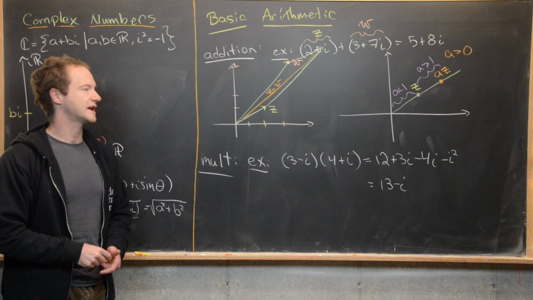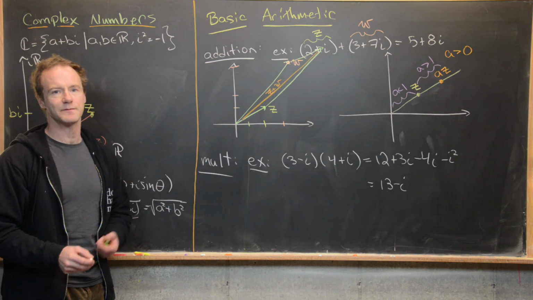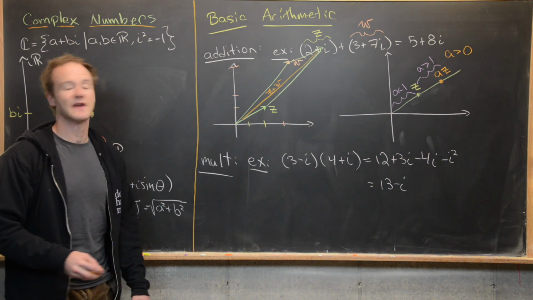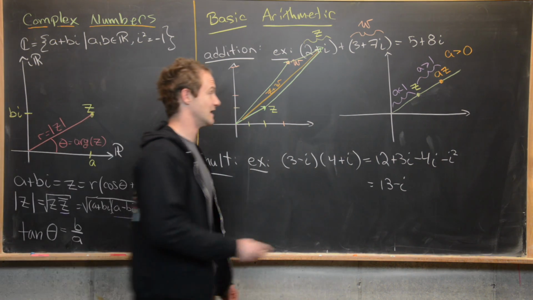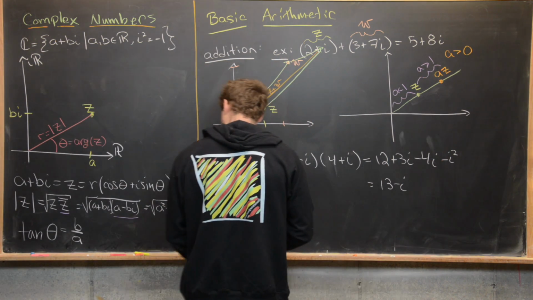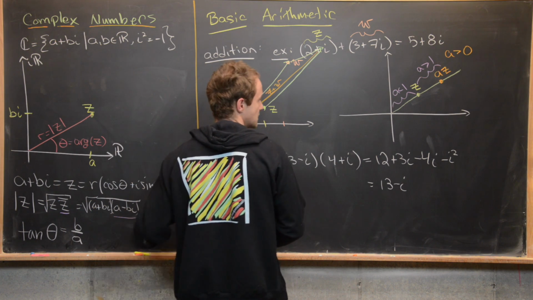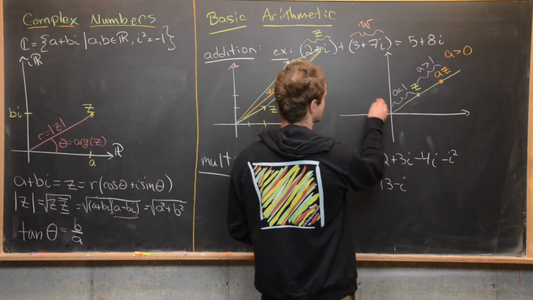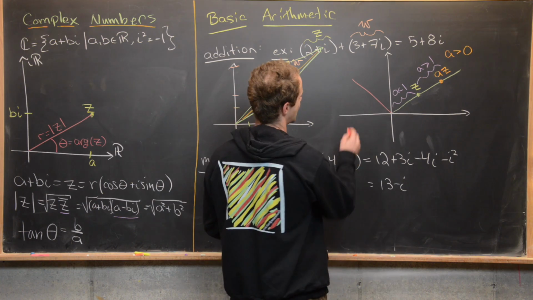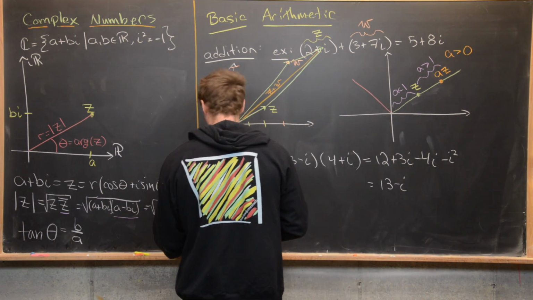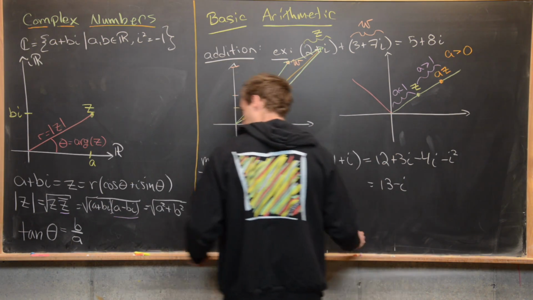And then another important case to look at is what if we multiply by something of the form cosine theta plus i sine theta. So let's maybe draw that in this way. If we multiply by something of the form cosine theta plus i sine theta, then the modulus stays the same.